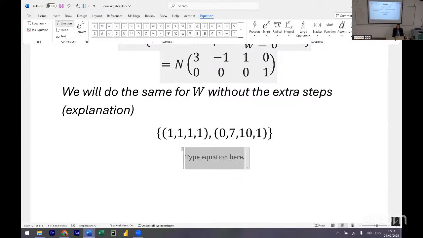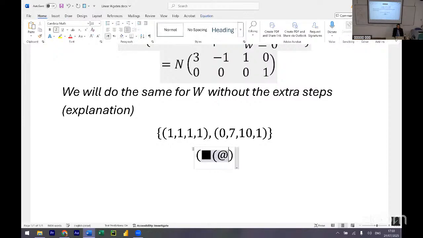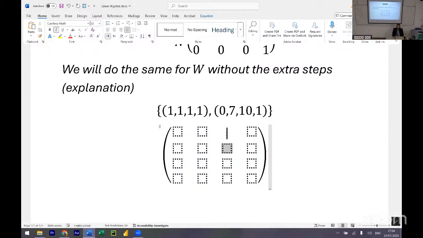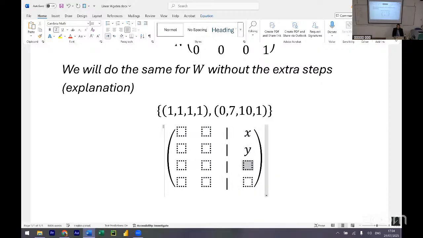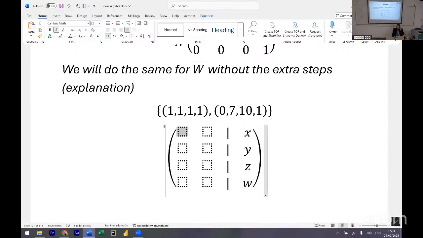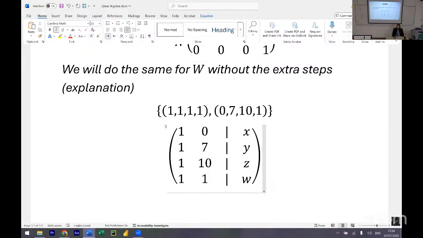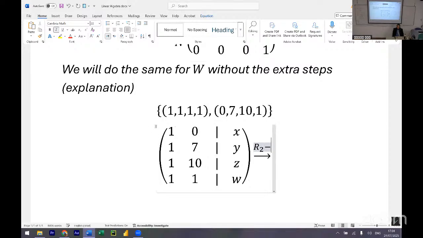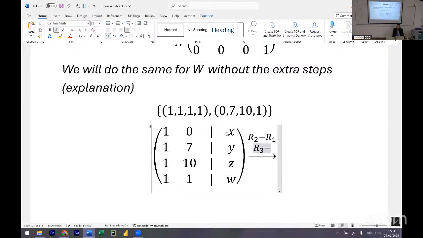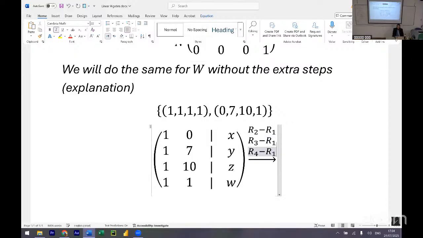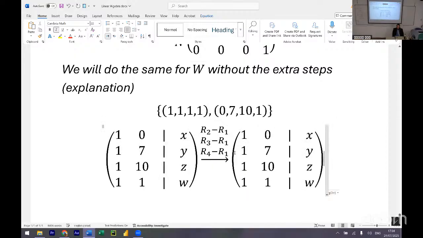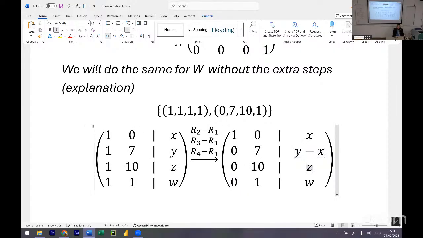So 4x4 matrix. Yeah, you're right. This is X, Y, Z, W, and this is 1, 1, 1, 1, 0, 7, 10, 1, and now R2 minus R1, R3 minus R1, R4 minus R1, and we get 0, 0, 0, y minus x, z minus x, and w minus x.